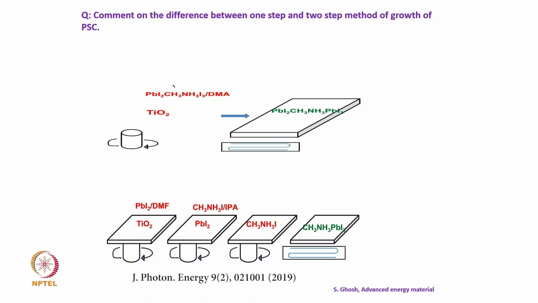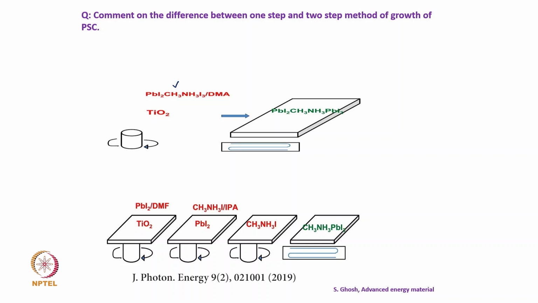So, this is a solution of PbI2 and CH3NH3I dissolved in DMF, and then you simply put a layer of this on a substrate and do spin coating. So, this is a single step.